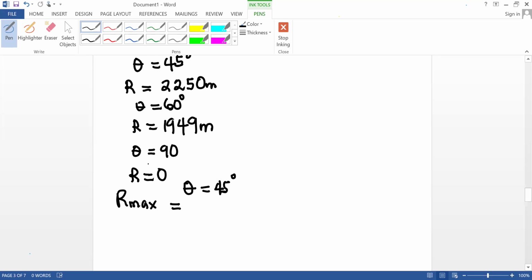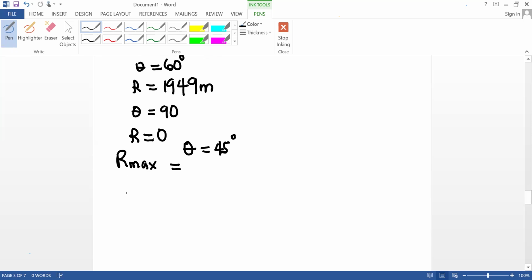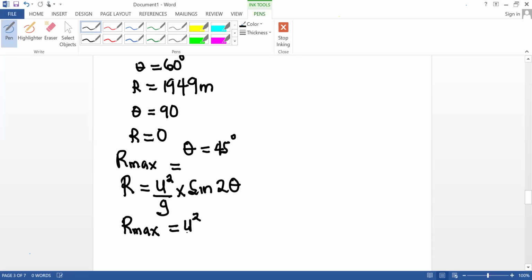And when theta is equal to 45, what is the expression for the maximum range? We had range R equal to U squared over g times sine 2 theta. At maximum range, R maximum, because theta must be 45, we have U squared divided by g times sine of 2 times 45.